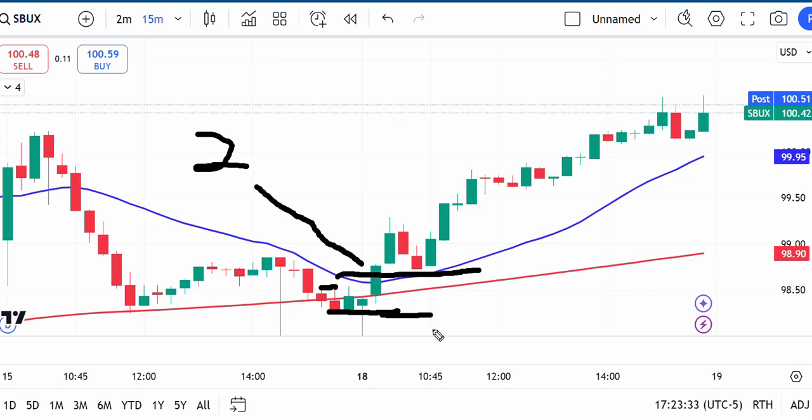Then the next step is we wait for the retracement, or we wait for the removal of red. And the first removal of red comes right at this point here. This is where we would strike for another one.